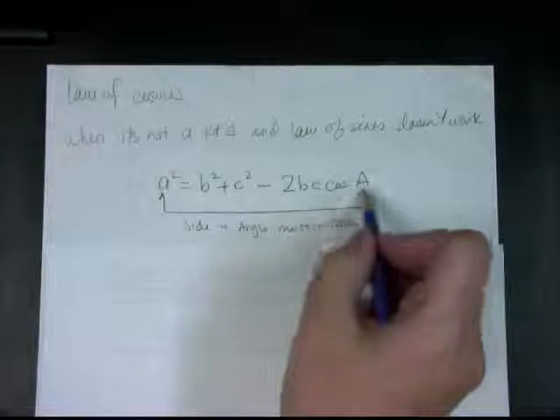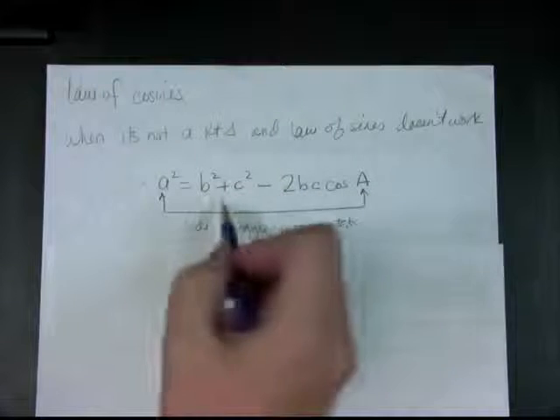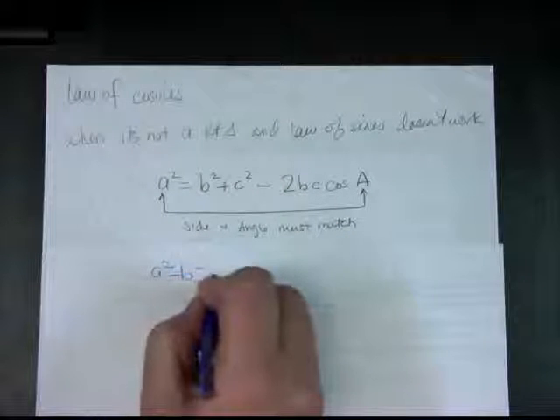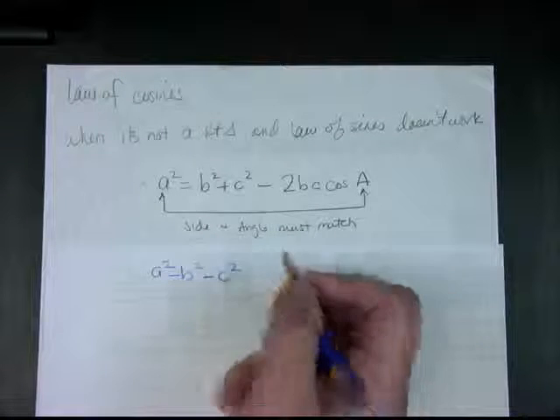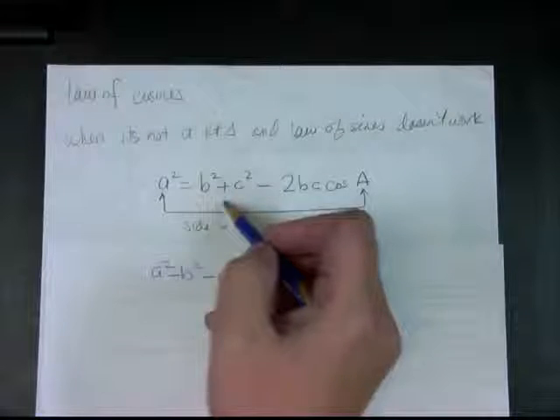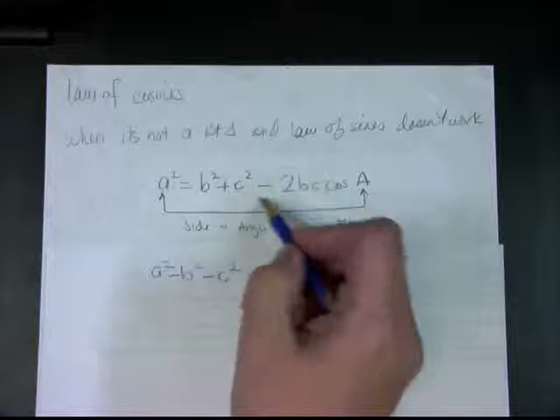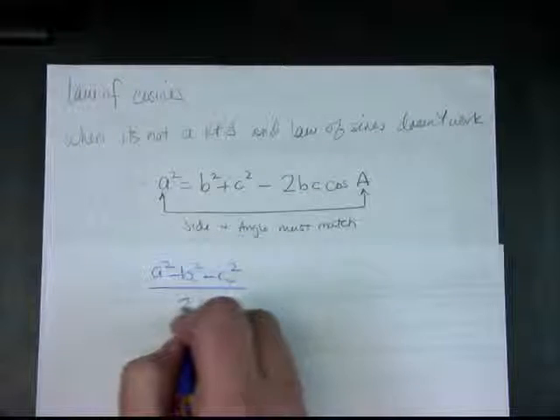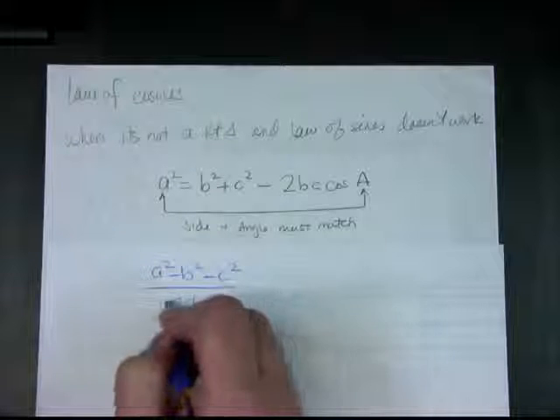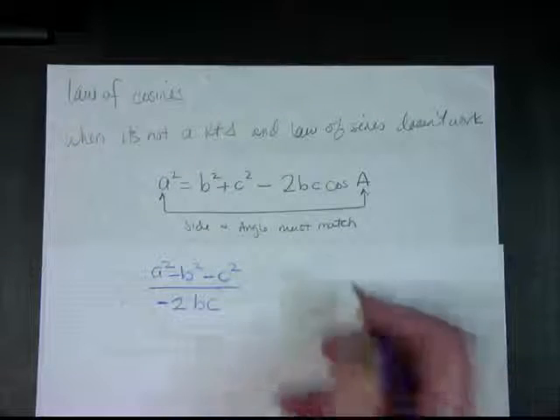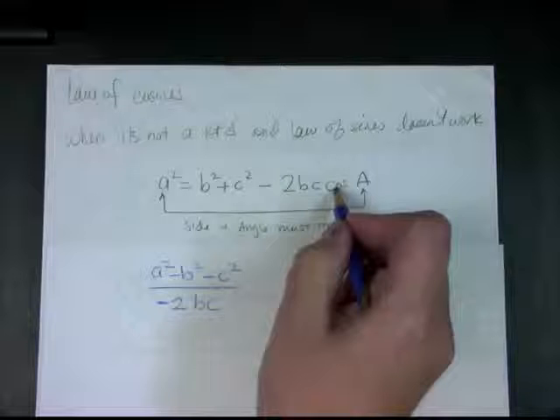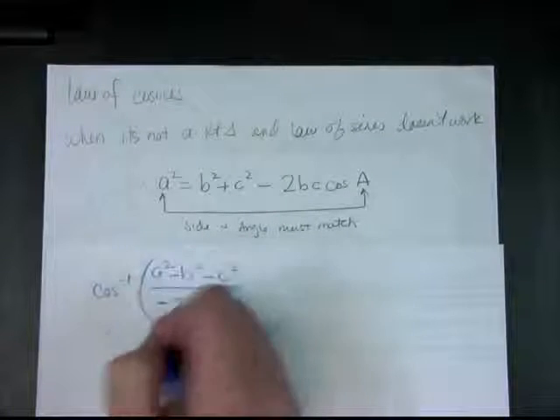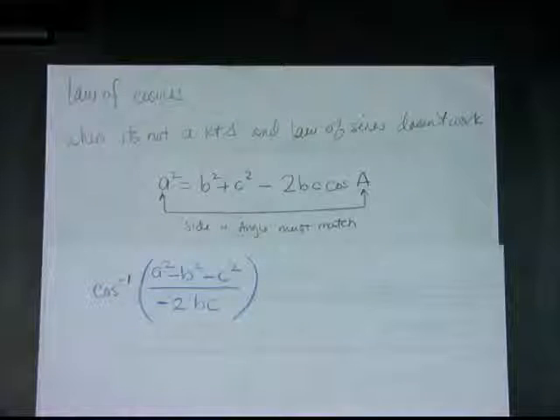So let's say I want angle A. That would mean I'm going to take a squared, subtract b squared, subtract c squared. Once I get rid of a squared and b squared, I'm now going to be dividing by the negative 2bc. Now I have cosine A, so that means I'm going to be taking the inverse of that.